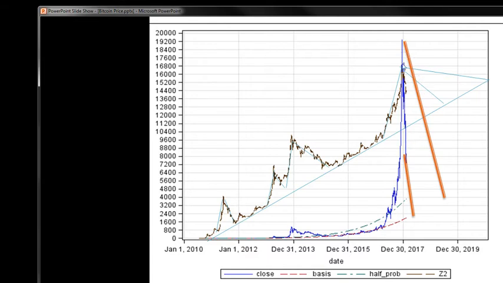So when the technical analysis is published, they will say, if it breaks the 10,000 level, it's going to zero.